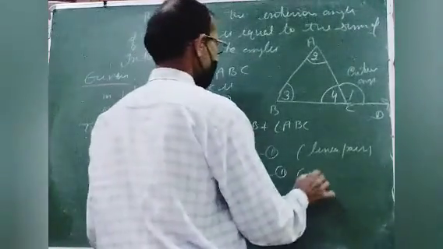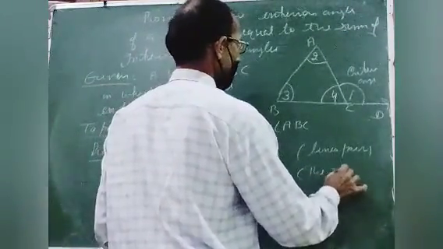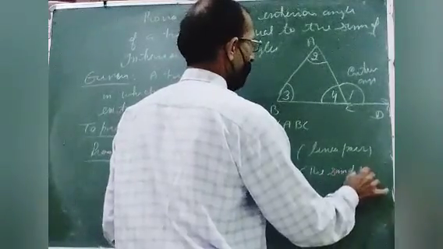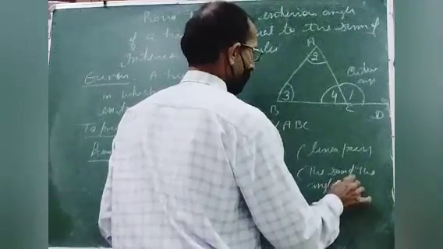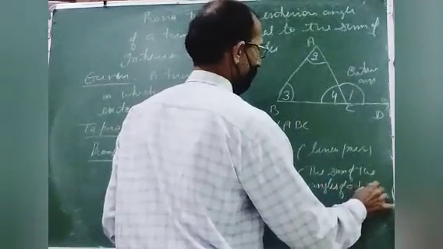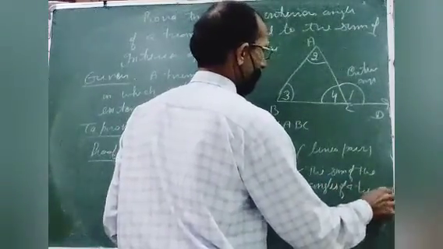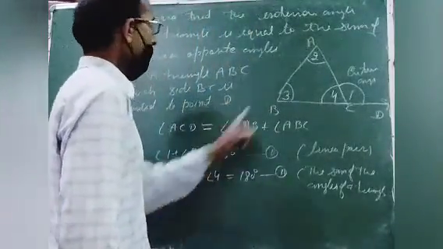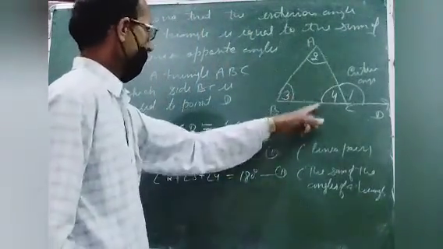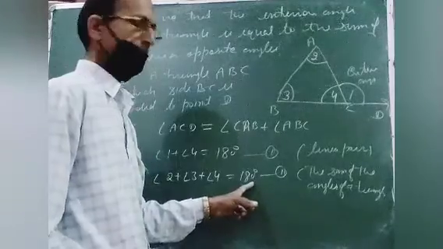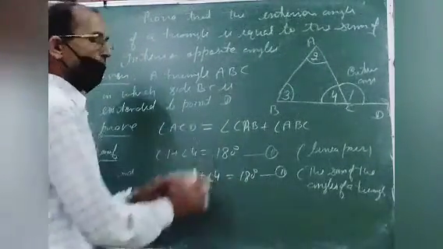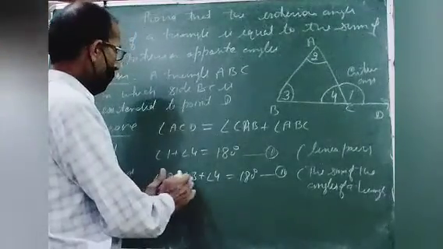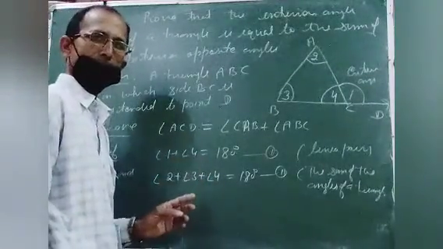This is because of the sum of the angles of a triangle: angle 2 plus angle 3 plus angle 4 is equal to 180 degrees. So the measure of angle 1 plus angle 4 is 180, and angle 2 plus angle 3 plus angle 4 is also 180.